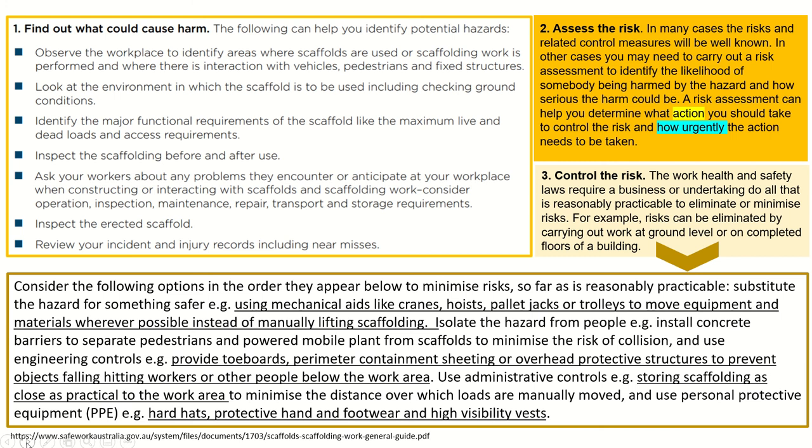But this is like sort of technical, or little bit more engineering controls.